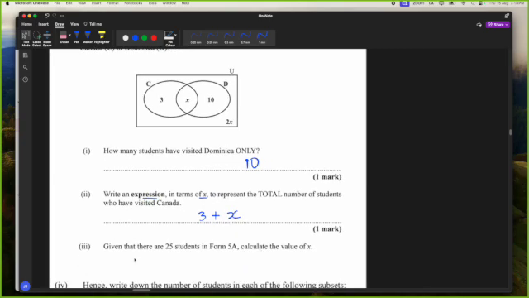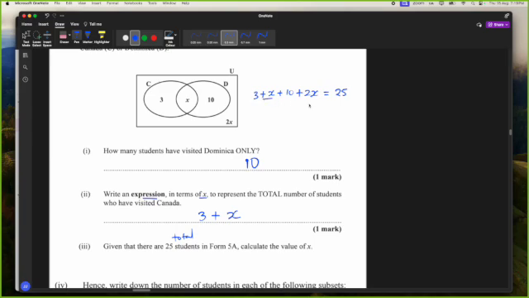Part 3. Given that there are 25 students in total, calculate the value of x. So it has 25 students in total. So that means that the 3 plus the x plus the 10 plus the 2x, the 2x on the outside, that does make up all of the students. So that is your 25 students, right?